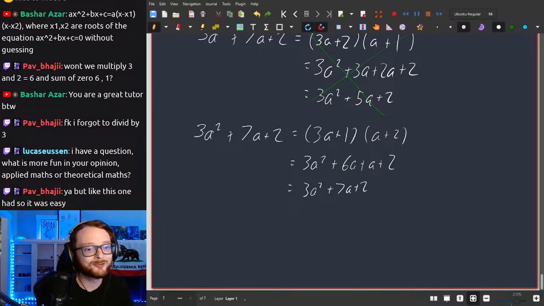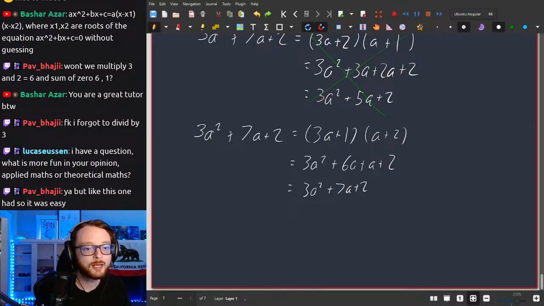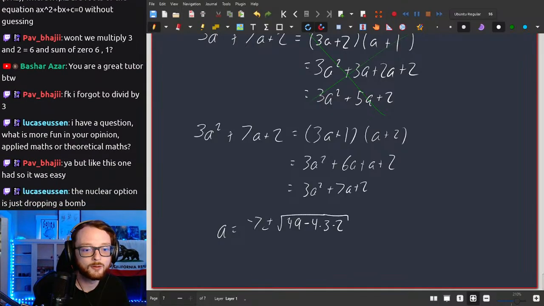And so let me show actually one other way. This is the nuclear option, but you can just slap the quadratic formula on that thing. And I'll show you what to do with it after you do that. So the quadratic formula is minus b plus or minus square root b squared minus 4ac, all over 2a.